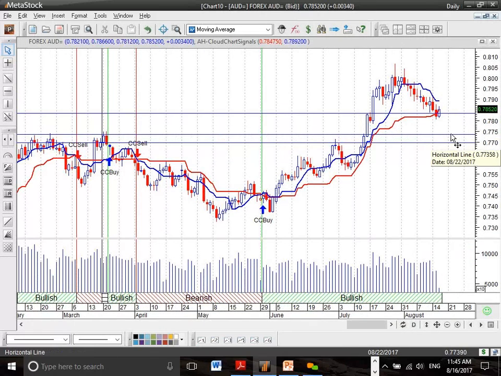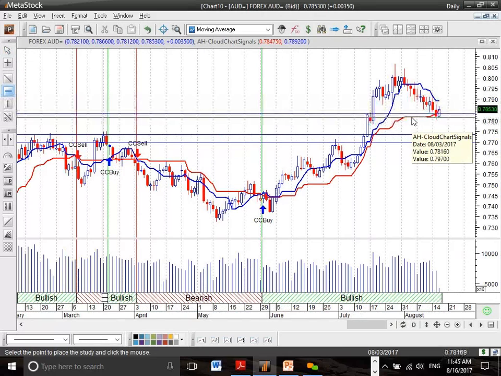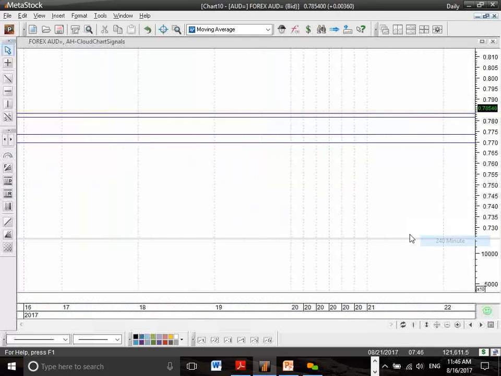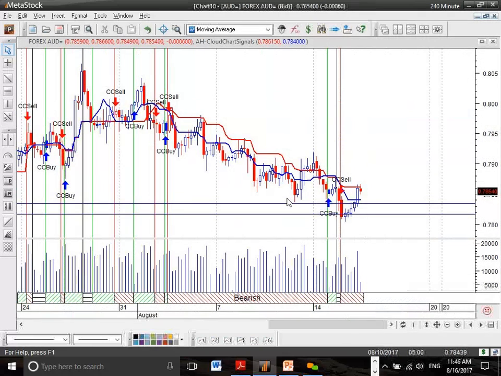So downside risk in this consolidation, as it is now also looking for support here at the bottom cloud pivot line. So it's critical to see if support is going to come in here, potential rebound, or if it's going to drop further. If we drill down to the 4-hourly chart, we can see a bit of a flash buy and sell here, so it's struggling to get to a turning point.